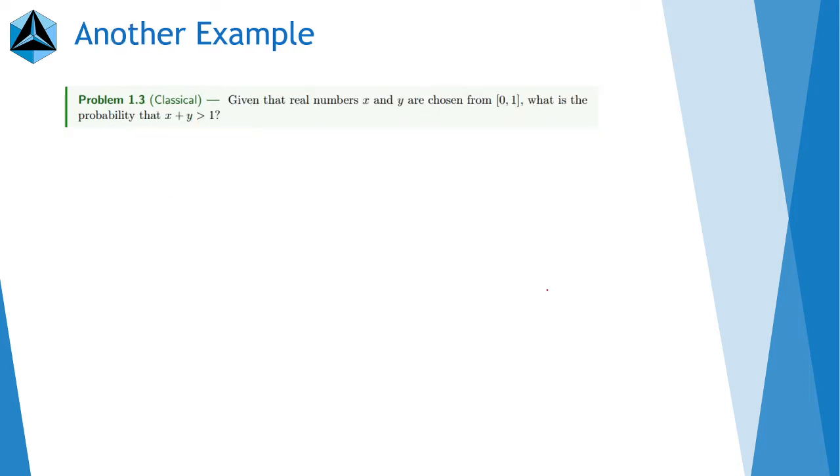But I want to make it a bit more complicated. Given that the real numbers x and y are chosen between 0 and 1, what's the probability that x plus y is greater than 1? Well, we can't use a number line this time. Why can't we use a number line? Because there are two variables and it's hard to plot.